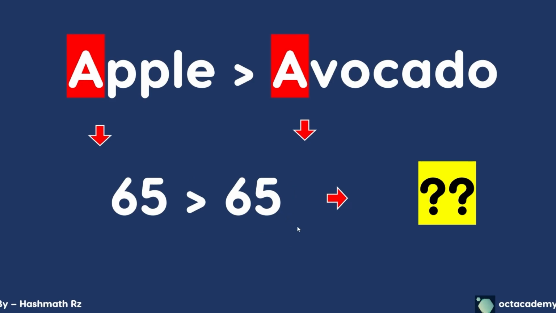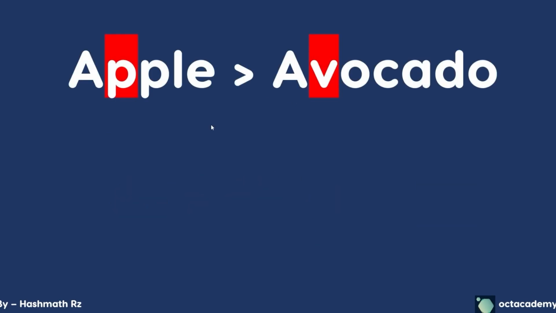So what is this? Guys, if the first characters of the two strings are the same, JavaScript will look at the second characters that come after the first character and perform the comparison. If in any case the second character is also the same, it will continue to look at the characters in the next position, the third character, then the fourth character, and so on until it finds a difference or reaches the end of either string.